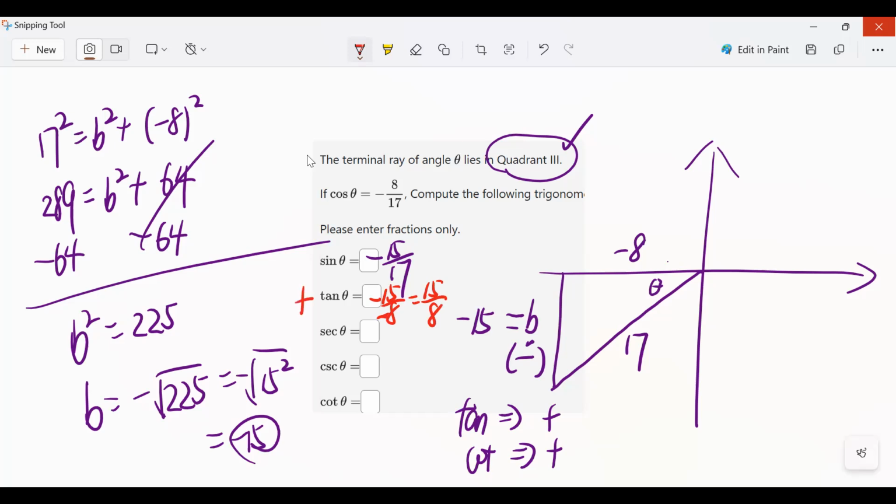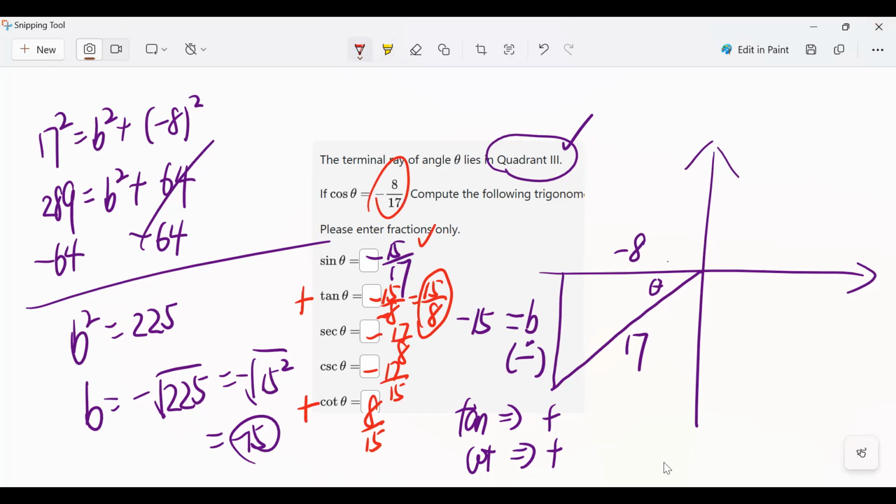Positive, right? Secant is the reciprocal of the cosine, minus 17 over 8. Cosecant is the reciprocal of sine, minus 17 over 15. And cotangent is positive, the reciprocal of tangent, 8 over 15. That's how we nail down all the values here.